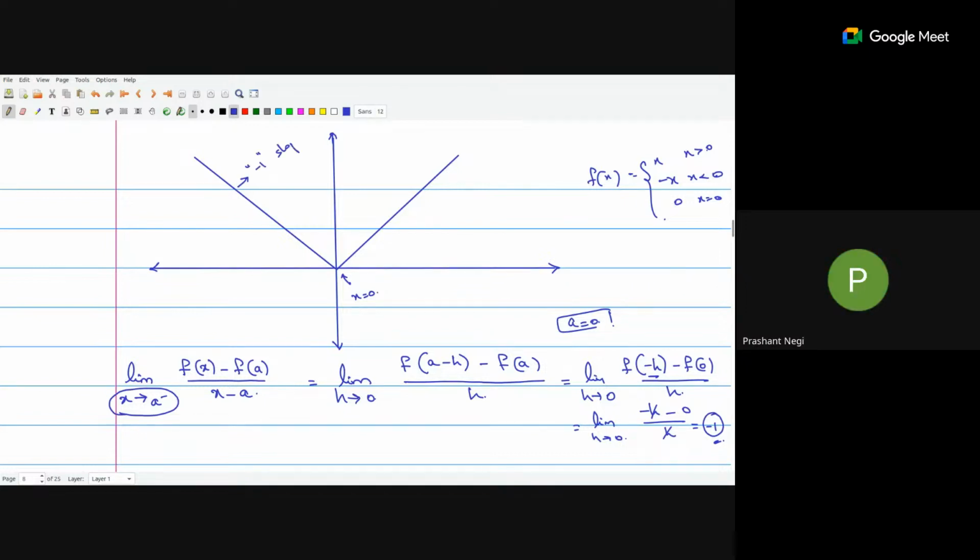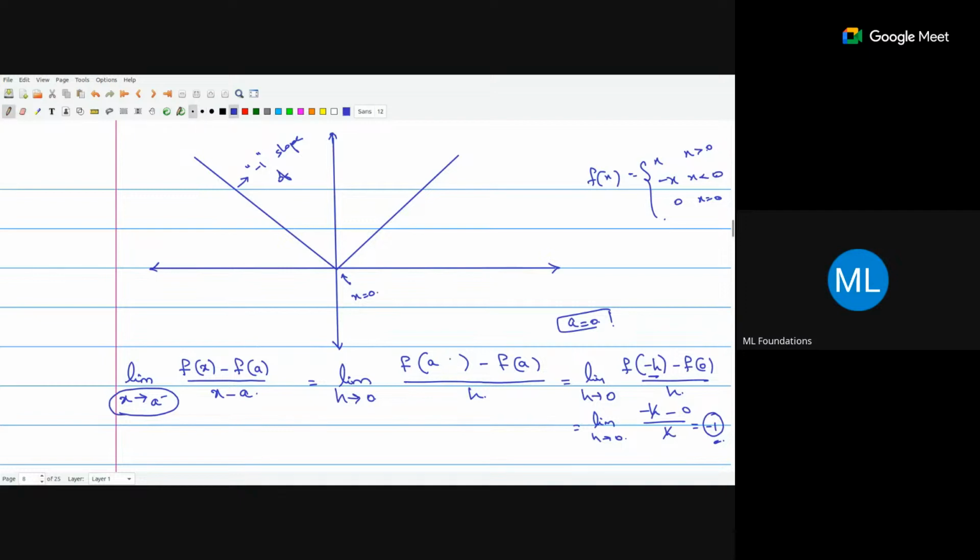Sir, minus h won't become minus of h? Plus h. Because it is approaching from the left, so it will be minus x. Will it be plus h? Yes, sir. No, that is why I will use a plus h here.